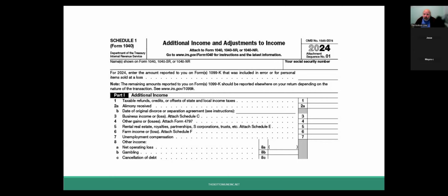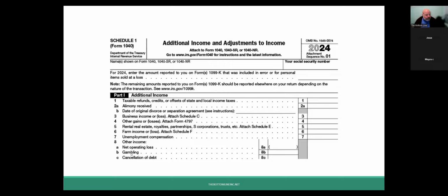If you have a farm, there's only one or two for-profit farms in Philadelphia. One is actually a flower farm. That farm income would go here, but we don't see a lot of that in Philadelphia.